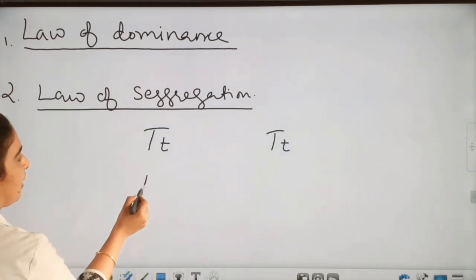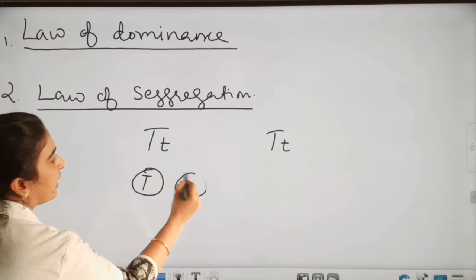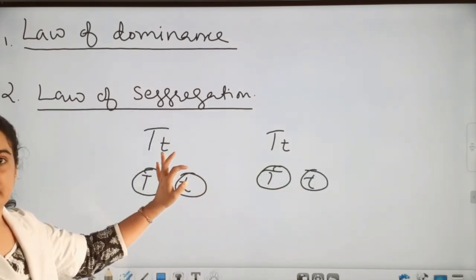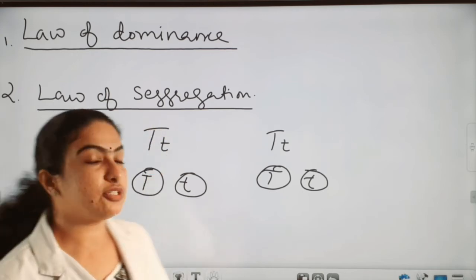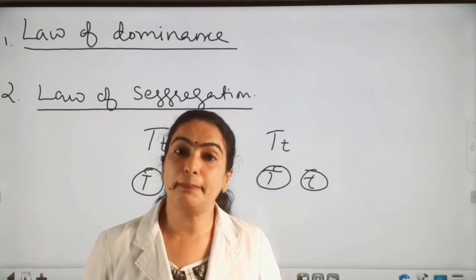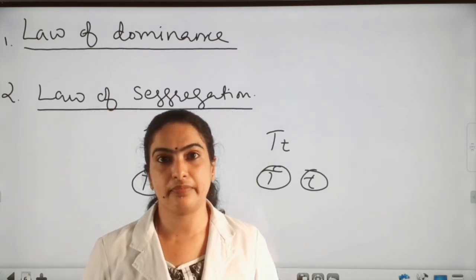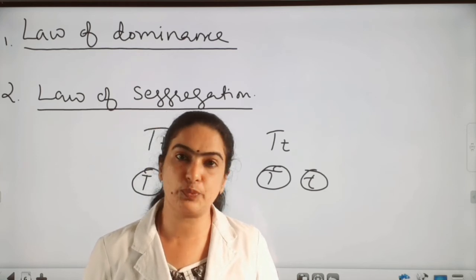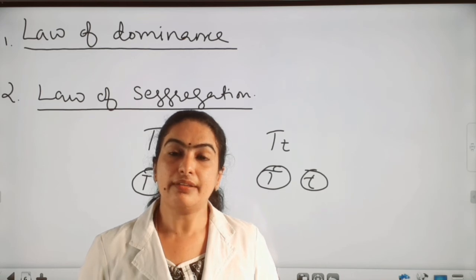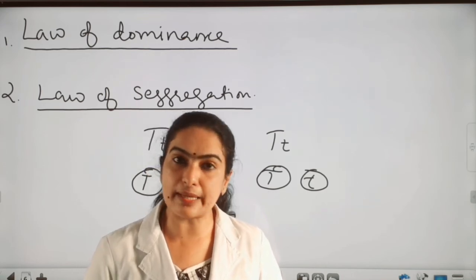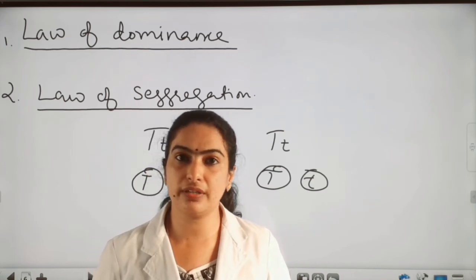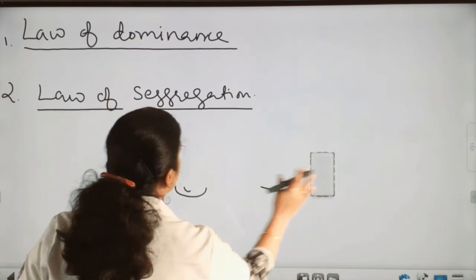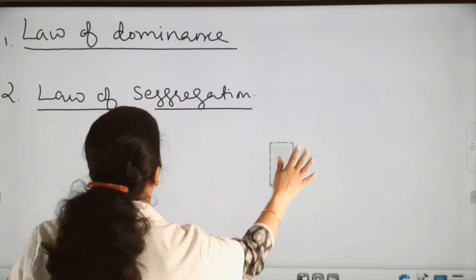At the time of gamete formation, they separate or segregate. They do not mix. Is it clear? So, according to the law of segregation, when a pair of alleles of a character are brought together, they do not mix with each other. At the time of gamete formation, they separate or segregate. That is called the law of segregation. And these two laws are based on monohybrid cross.